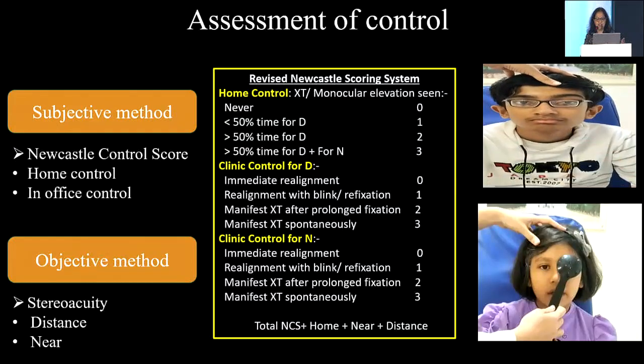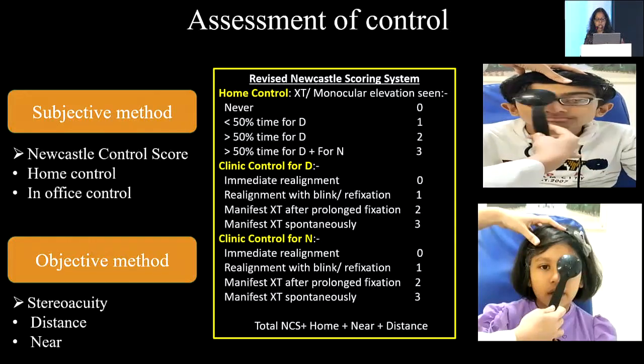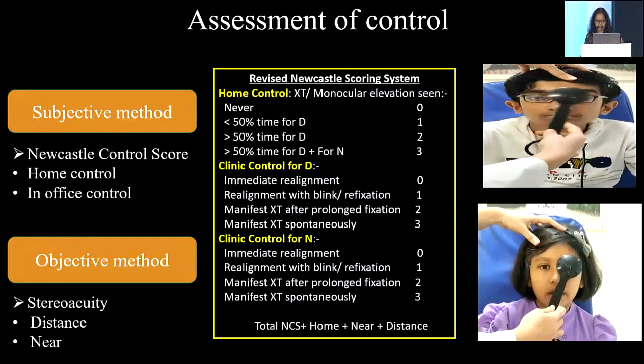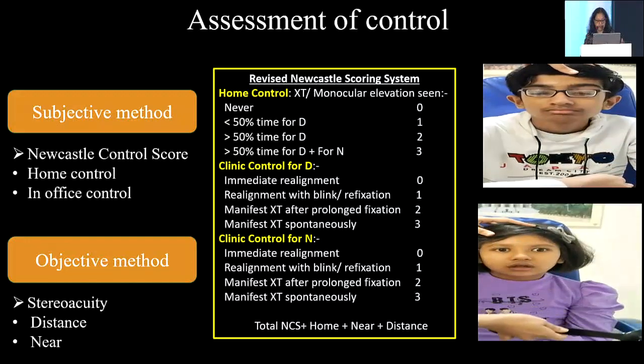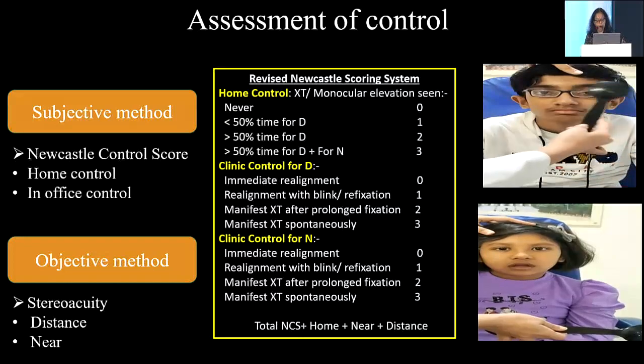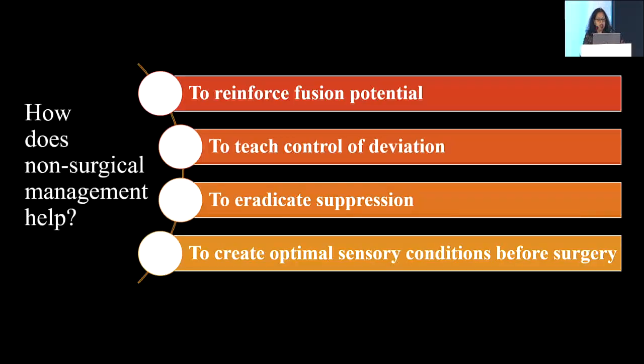Good control is when they don't notice the squint 50% of the time. In clinic, good control is when there is immediate realignment after a dissociation, or they can realign with a blink.